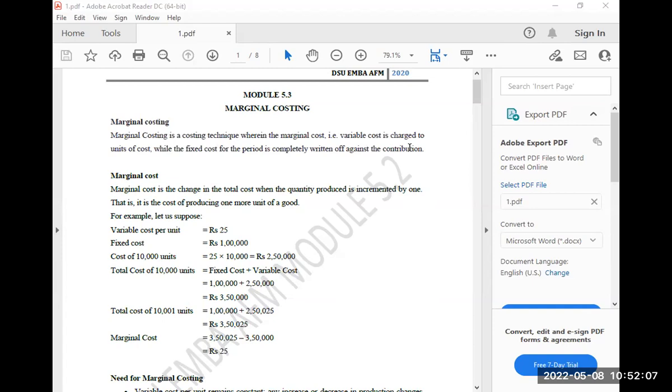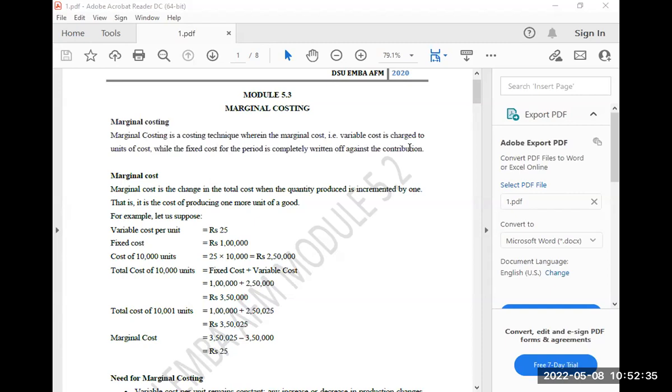The second component of cost according to marginal costing is fixed cost. What is fixed cost? Fixed cost is a cost which remains constant, unchanged, irrespective of the volume of production. Assume today we have taken this room for rent to conduct your class. Only 5 members are attending the class.